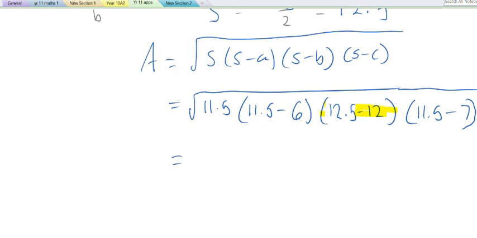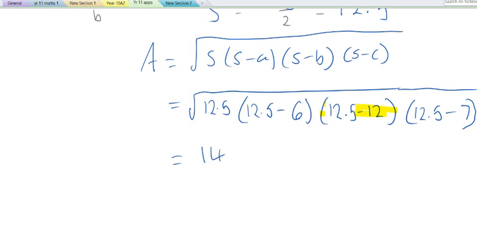So, has anyone entered that in their calculator? What'd you get? 14.9.